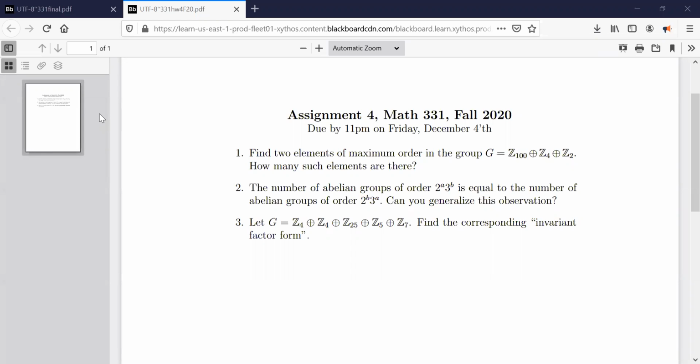Okay, so you guys have the last homework as well as the final that has been given to you.